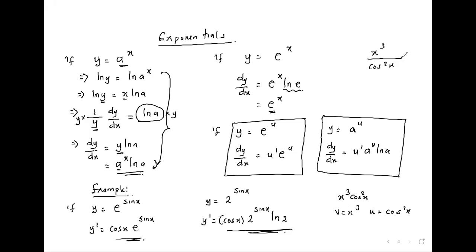Here it matters. Because the one that is up, you differentiate it and then multiply by the one below, and then subtract the derivative of the one that comes from down, and then you square the one down. So this matters. Product doesn't matter.